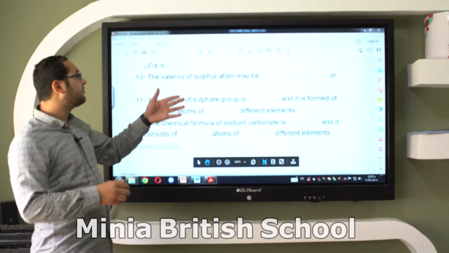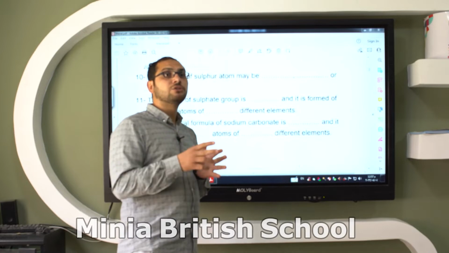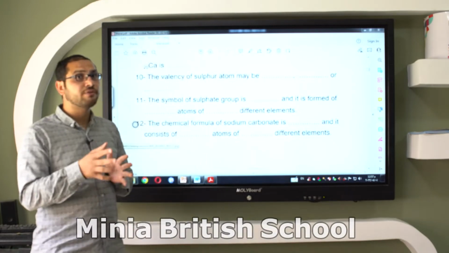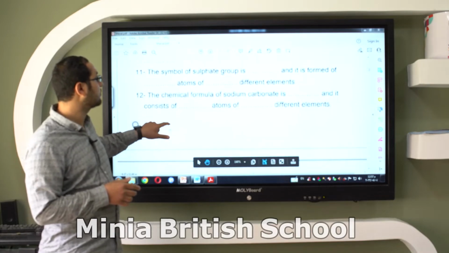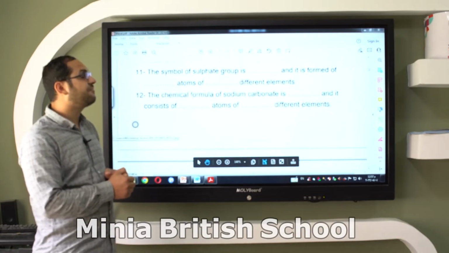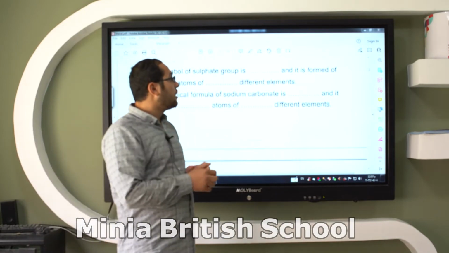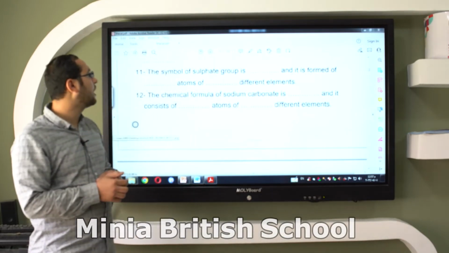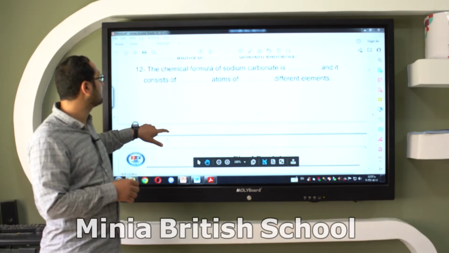The valency of the sulfur atom may be divalent, tetravalent, and hexavalent. The symbol of the sulfate group is SO4, and it is a group of atoms of different elements.